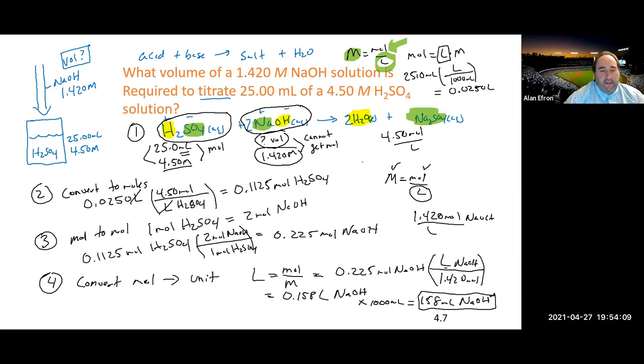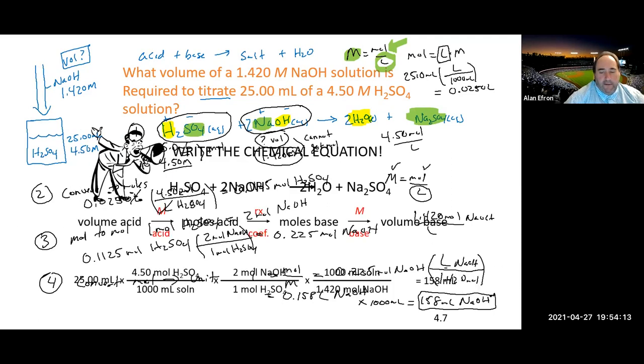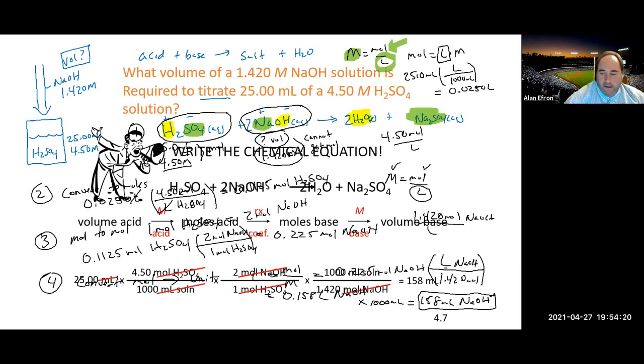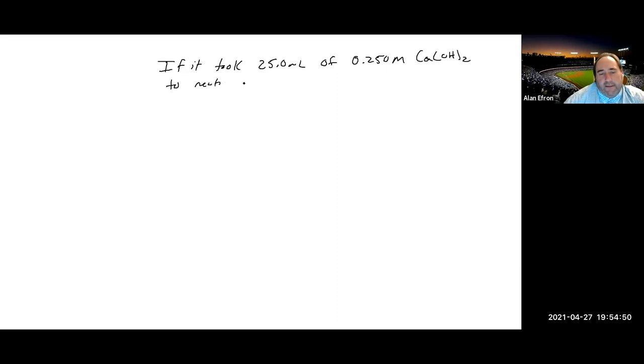Okay, so why don't you try one here? Let's say, I'll just make up some numbers, we'll go with 25 milliliters of 0.25 molar calcium hydroxide to neutralize, why not, 35 milliliters of nitric acid.